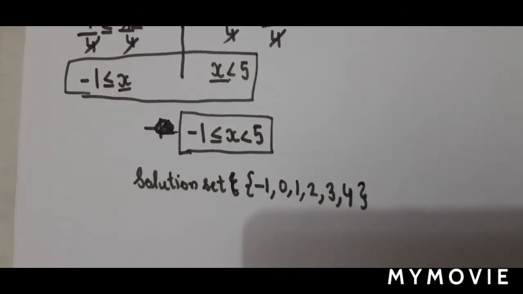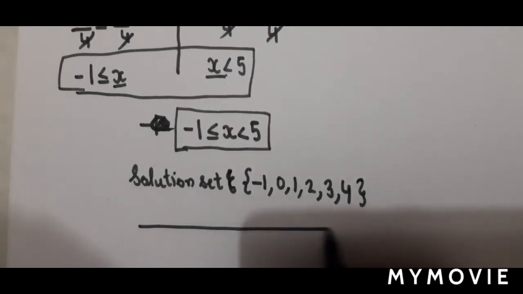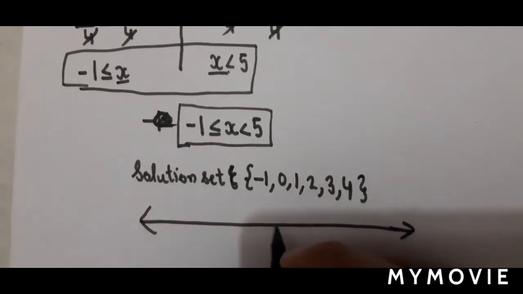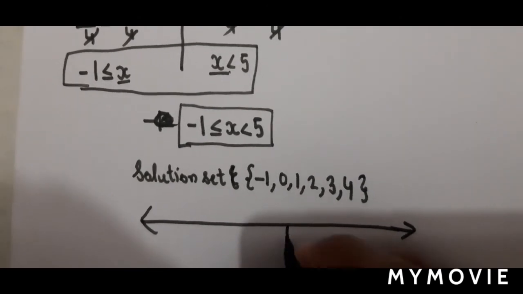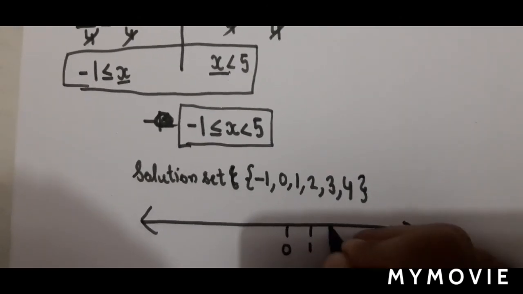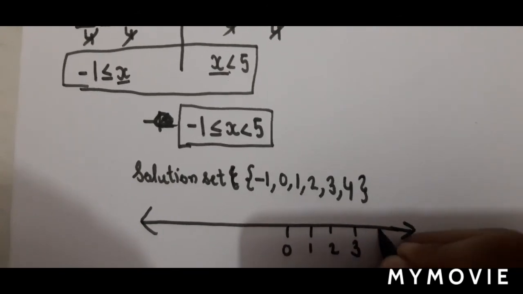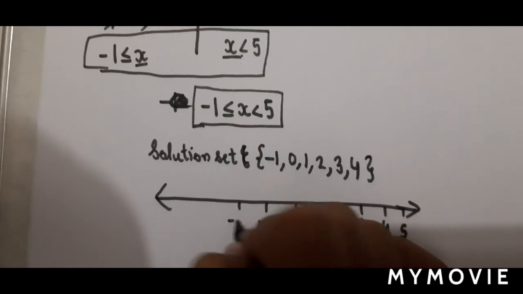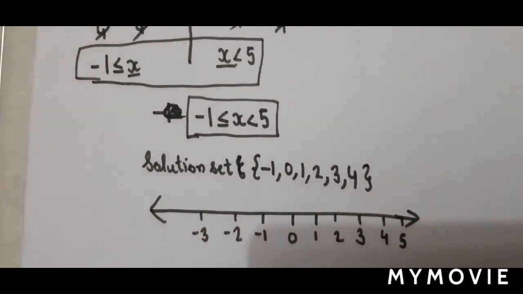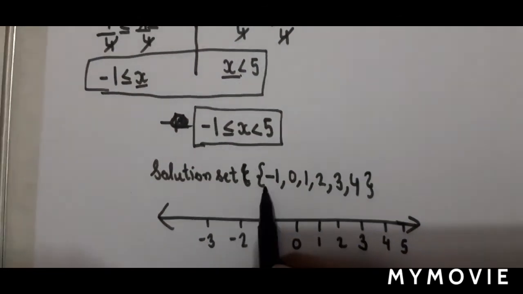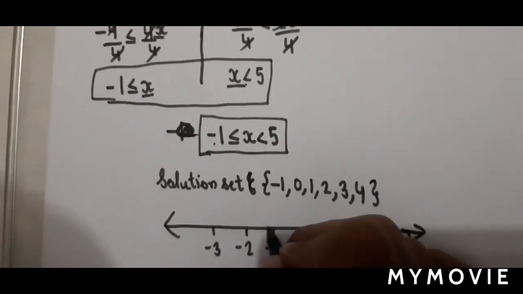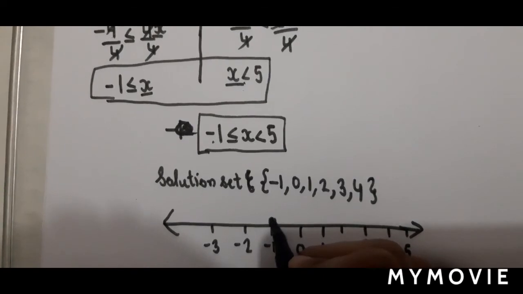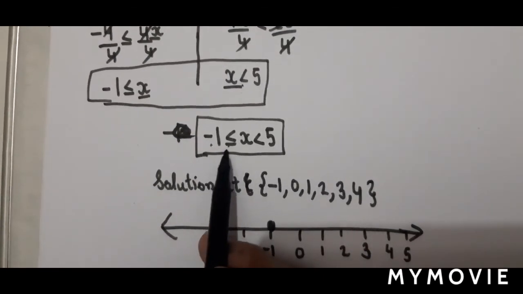So let's represent it on the number line. 0, 1, 2, 3, 4, 5, minus 1, minus 2, minus 3. The first value is minus 1. You should make a circle first, then highlight it, because it is equal to minus 1.